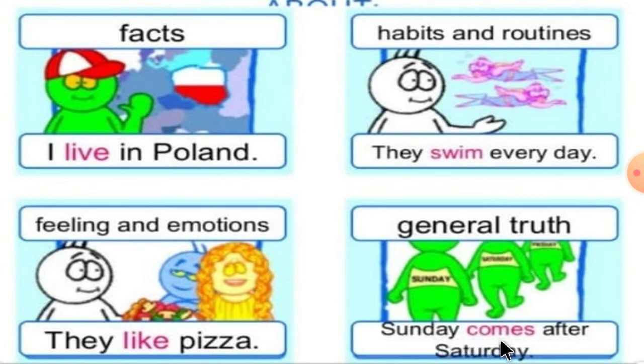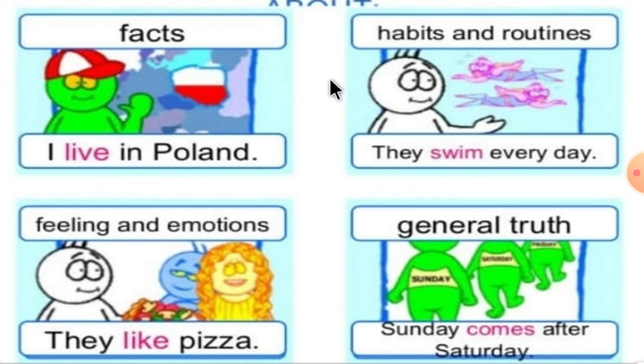We cannot say that Sunday comes after Friday or Thursday. That's not the truth. The truth is Sunday comes after Saturday.